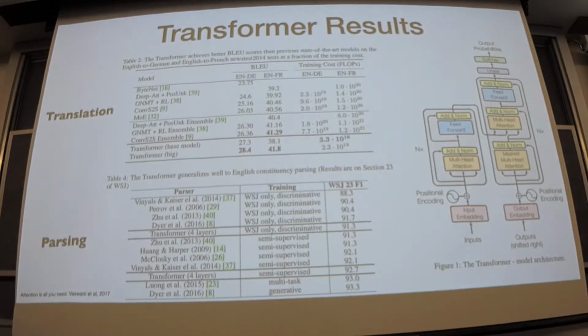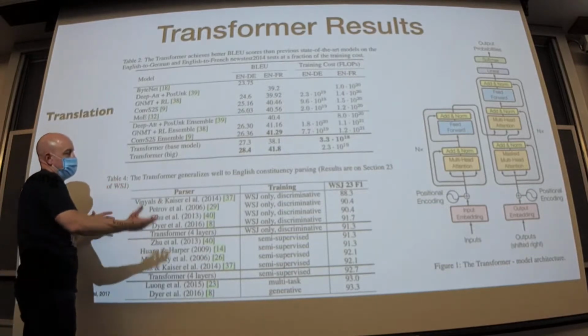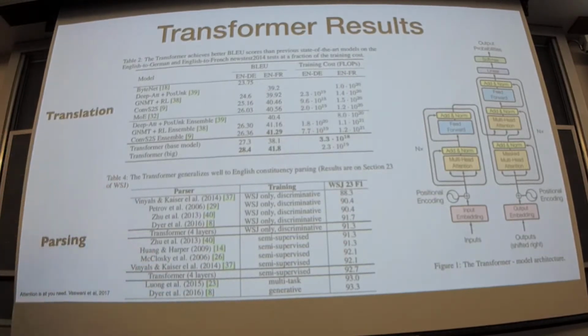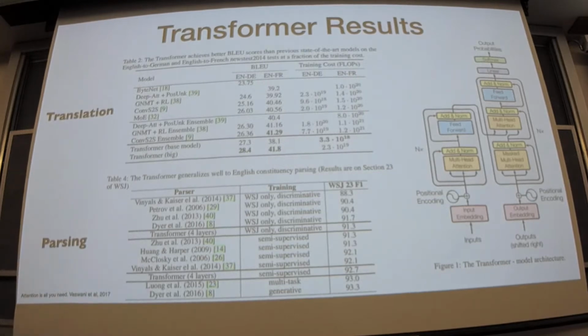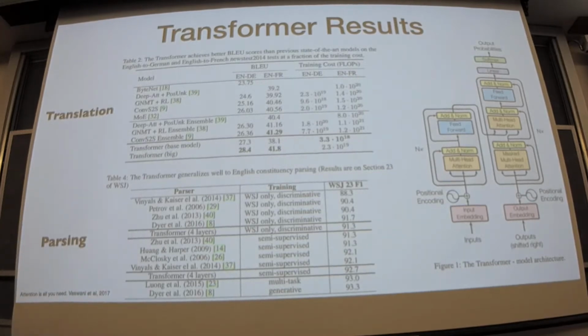And what I'm showing you here is another result from the original paper, which is about parsing sentences into their parts of speech and labeling those. And the point is that this is giving, again, state-of-the-art performance on the ability to parse.